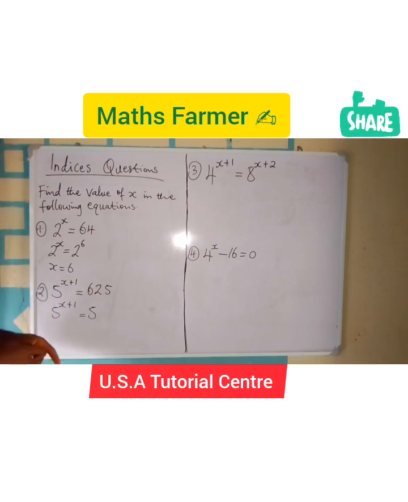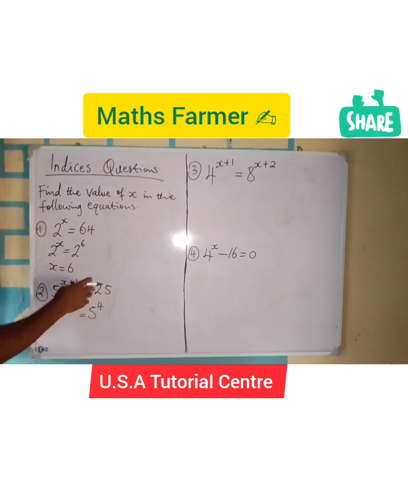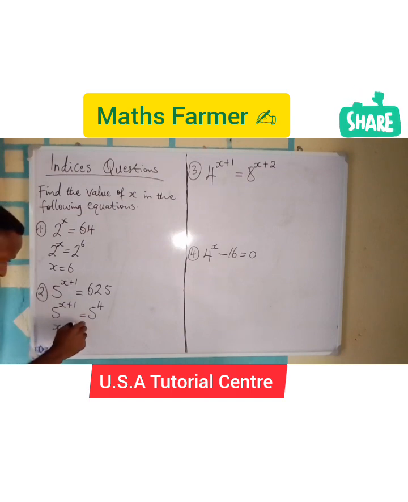Yes, 5 raised to the power of 4 will give us 625. In this case, since the bases are the same, we can equate their powers. So what we now have is x plus 1 is equals to 4.